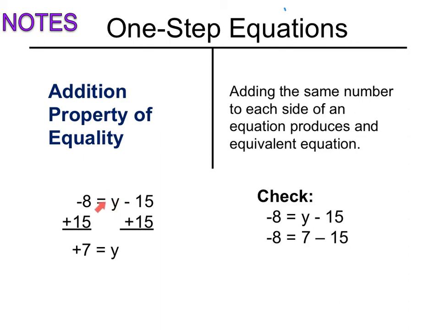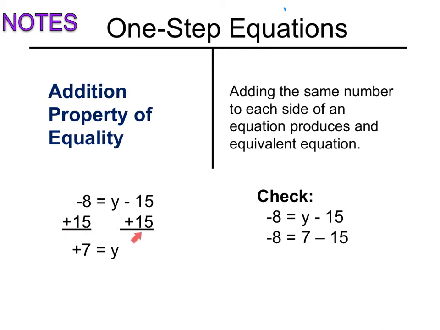So I need to isolate my y, which means I need to get rid of this negative 15. And the opposite of a negative 15 is a positive 15. So using the addition property of equality, if I add 15 to the right side of my equation, I also have to add it to my left side of the equation. And notice I put these little summation bars.